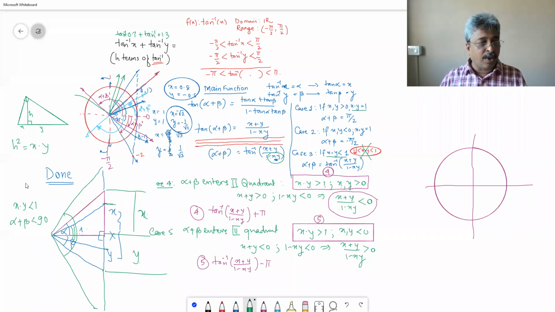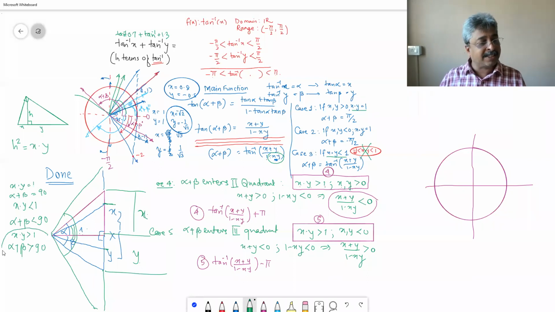If x into y is equal to 1, alpha plus beta is equal to 90 plus or minus. If x into y is less than 1, then alpha plus beta is less than 90. And third case, x into y is greater than 1, alpha plus beta is going to be greater than 90.